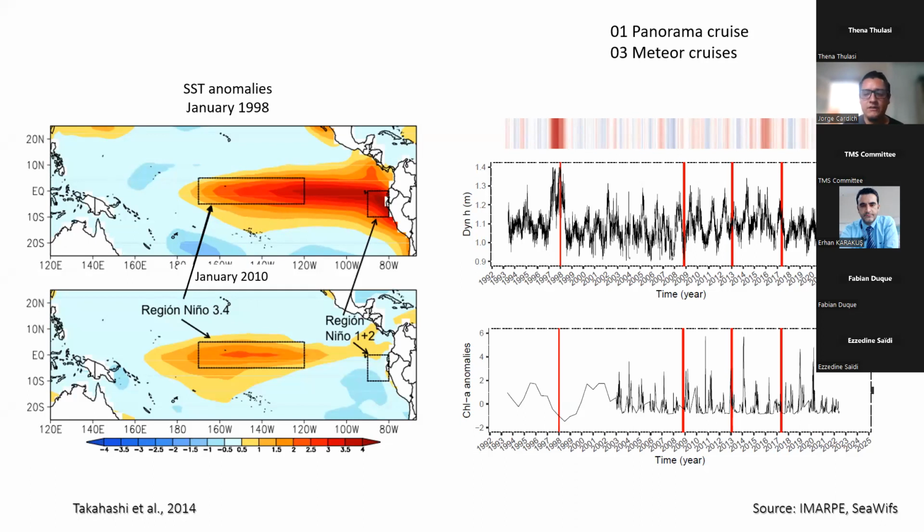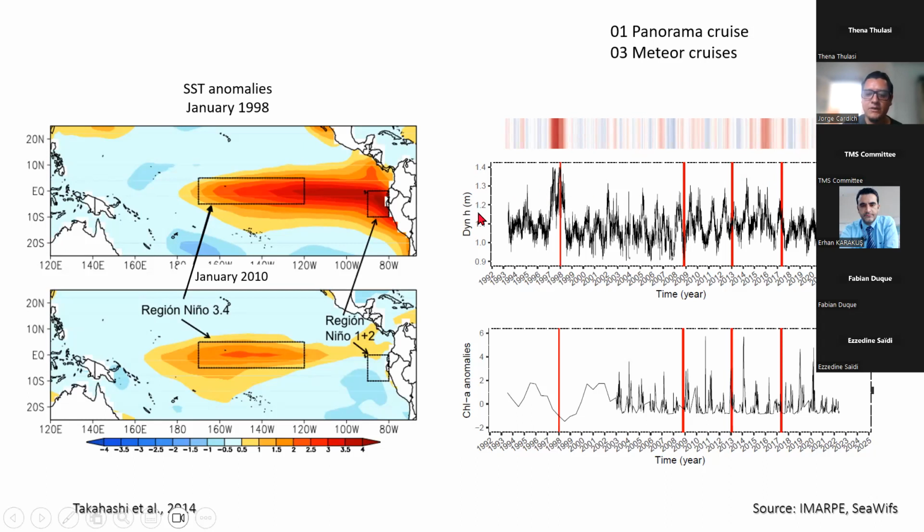Then we have several indices developed for this area, Niño 1+2. I'm going to use the ICEN, developed by IMARPE, and it goes from red, that is El Niño events, or warm phase, to blue, that is La Niña events, the cold phase. The white is the neutral phase.